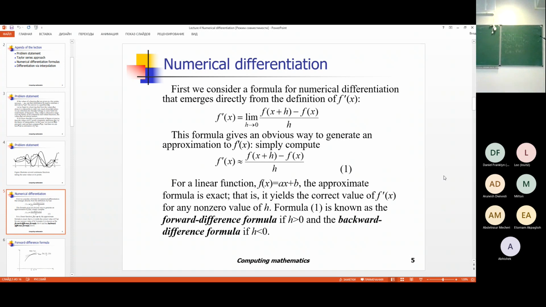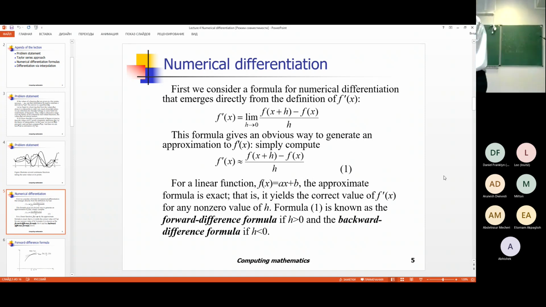But maybe the first way for deriving numerical differentiation formulas, the first way we consider, is not related to interpolation, but exactly from the definition of the derivative. Again, we considered in the first lesson what a derivative is.